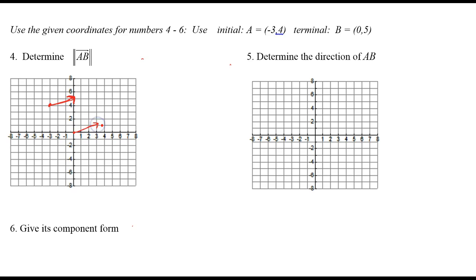That's just me looking at my grid. This was an easy one to count, so I just counted it. And that actually is the component form. It's the point 3, 1, and you just put it in the chevrons now, okay? Or you could have done head minus tail, which I told you earlier. So if you take this one and you subtract that one, you would get the same thing.